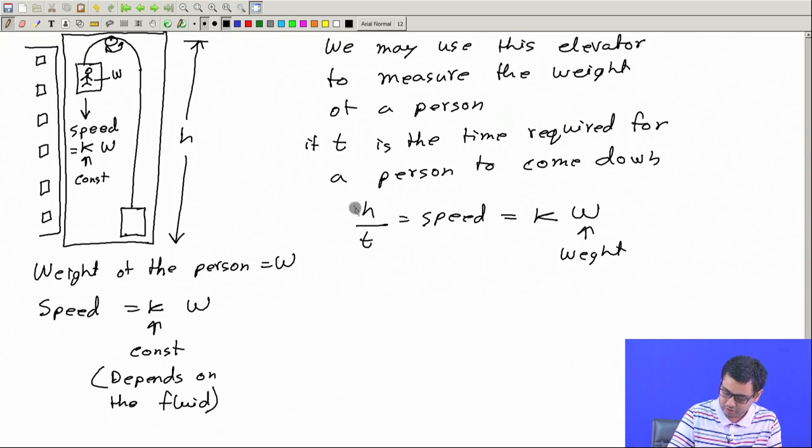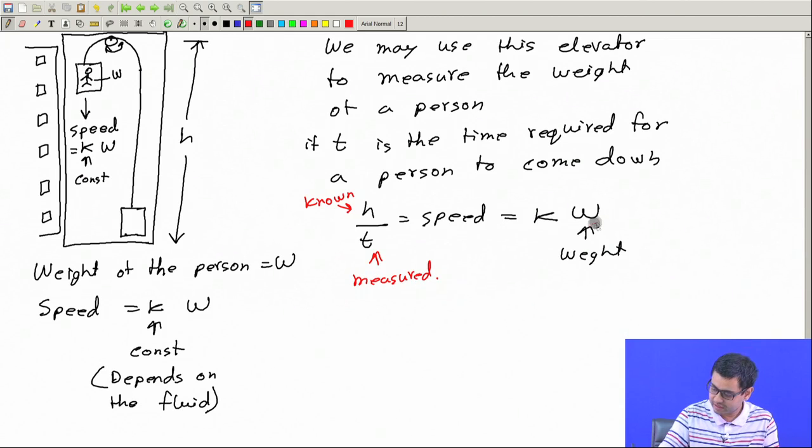Now, h is known. We know the height of the building. The time required for the person to come down can be measured, and k should also be known. So this constant should be known.